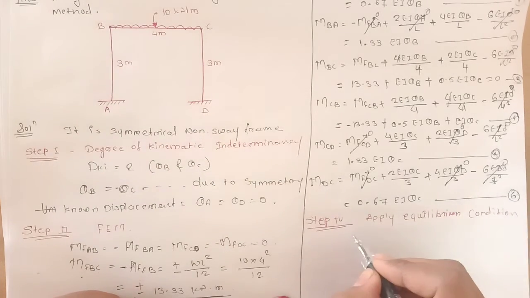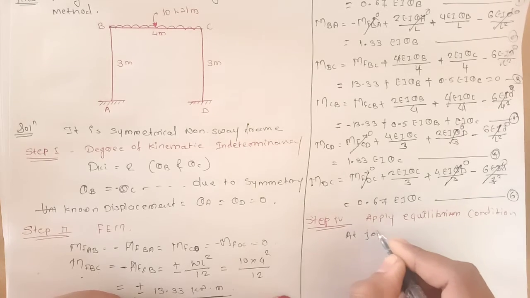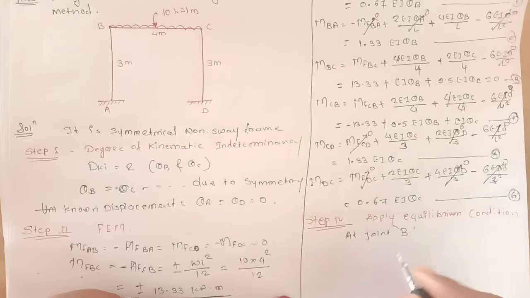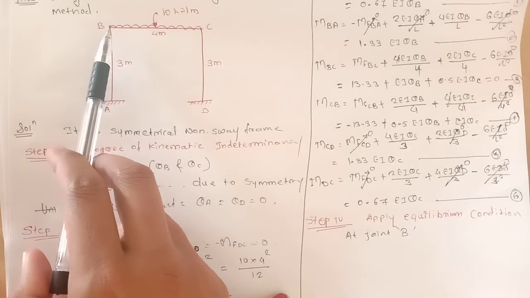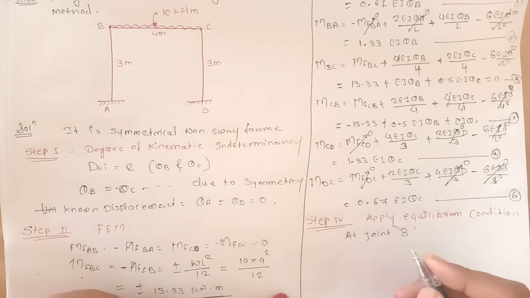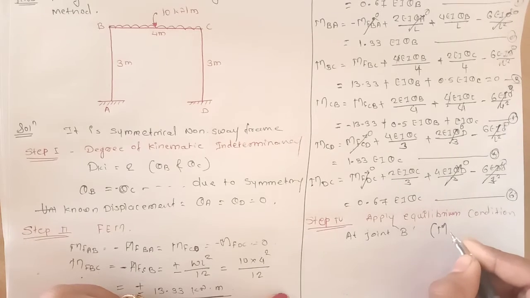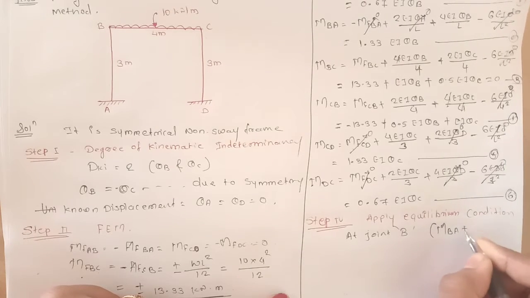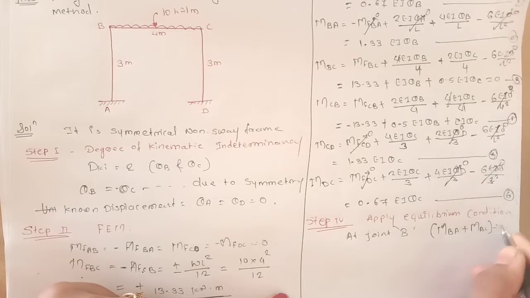Firstly, take joint B. You can see in this figure at joint B, the BA and BC members meet. So adding equation number 2 and 3, that is, slope deflection equation at member BA plus slope deflection equation at member BC is equal to 0.